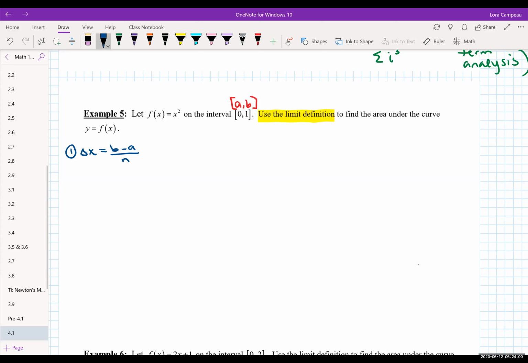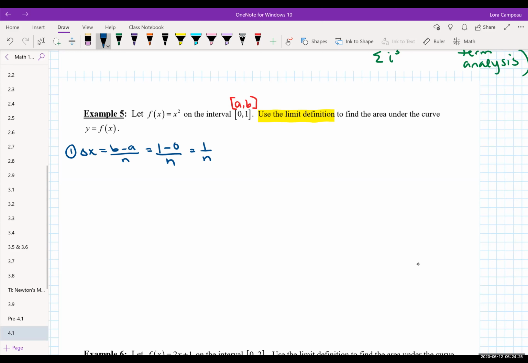In our case, b is 1, a is 0, and n. See how they don't tell us how many rectangles to make? It's an infinite amount of rectangles, so that's why we can't just get a number. So we simplify it as much as we can. We have 1 over n. So yes, your delta x will involve n.